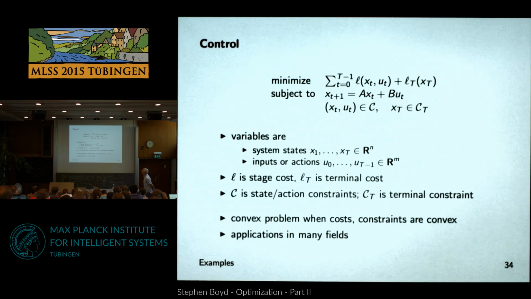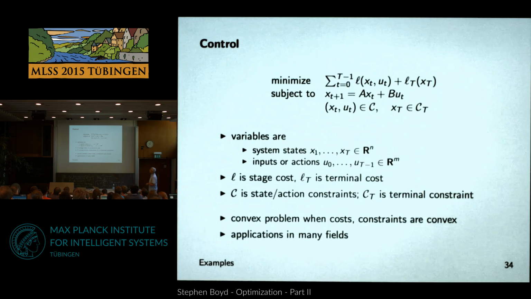Great. Okay. But it also describes things like supply chain systems. Where xt is your vector of the amount of different multiple products you have at different places. ut is how much you ship from one place to another, how much you consume, how much you pull out of the supply chain, how much you put in. So this describes many systems. You have a stage cost, which is a function of the state and the action, and you have a terminal cost.